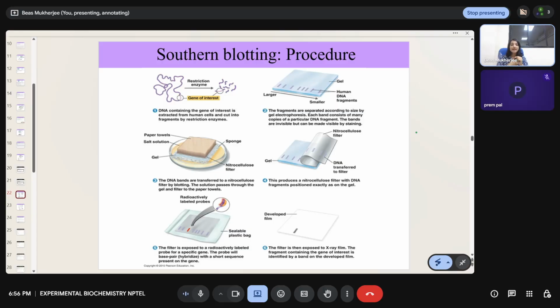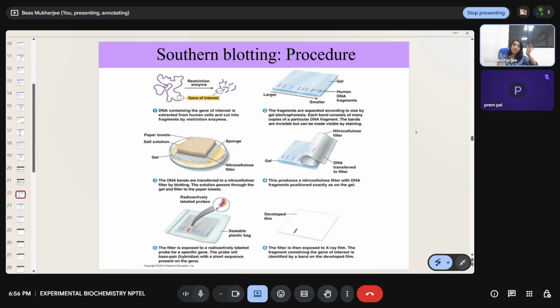Now, next what is that? There is this buffer solution, a lot of filter papers. On that you place the gel, then you place the membrane. Once again a lot of filter papers, and the buffer solution is there, and you place the electrodes, and then the current is passing, and your sample is moving onto the membrane, the NCM, nitrocellulose membrane.